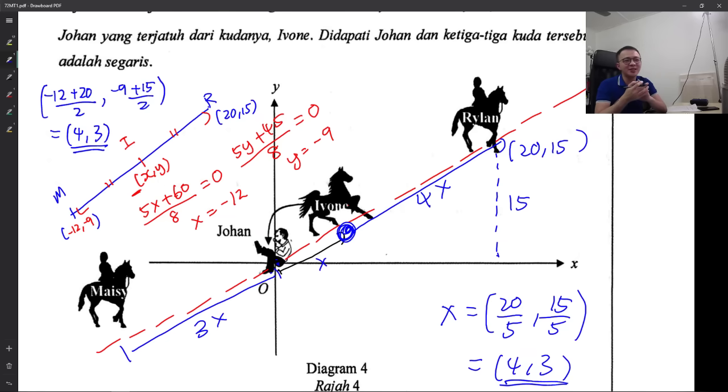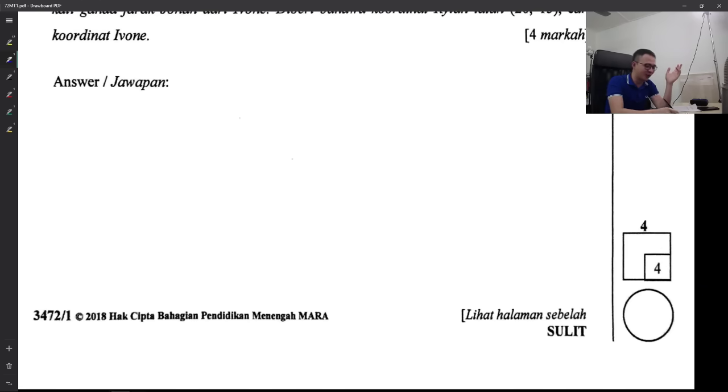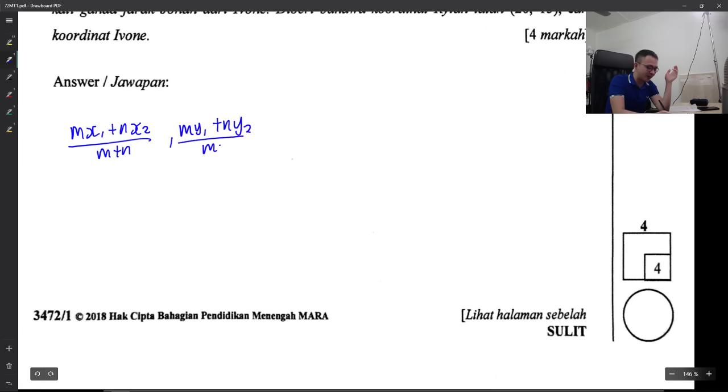For students who do not know what is happening over here, you need to go back and refer to the two formulas. Check out what this formula is: x2 over m plus n, comma, my1 plus my2 over m plus n equals x, y. Use this formula whenever you have three coordinates with different ratio m and n.